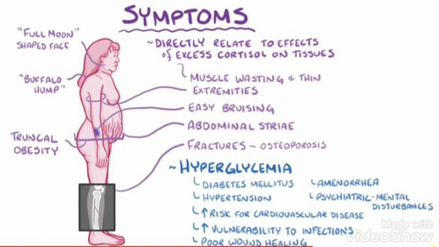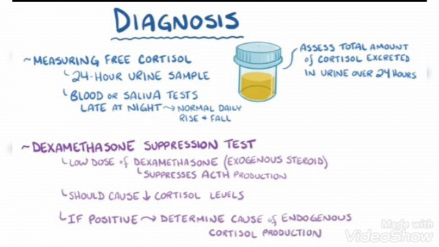There will be hyperglycemia, diabetes mellitus, hypertension, and increased risk for cardiovascular diseases, increased vulnerability to infections, and poor wound healing. There will be amenorrhea and psychiatric mental disturbances. Besides this, there will be hirsutism, that is excess hair growth, and early baldness in females.